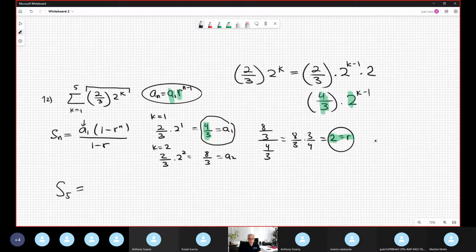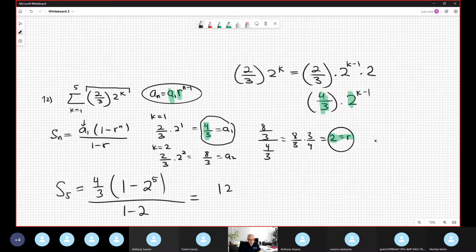So A1 is 4 thirds, multiplication by 1 minus 2 to the 5th power divided by 1 minus 2. 2 to the 5th power is 32, subtracting 1 is negative 31, and this is negative 1. The rest is calculated. 124 divided by 3 is the answer.